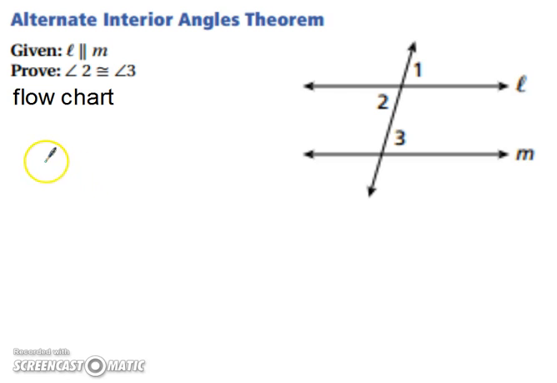So we start with our given: L is parallel to M, and that would be given. Based on that given, we know that angles 1 and 3 are congruent because of the corresponding angles postulate.